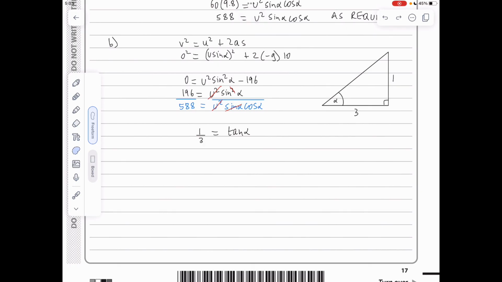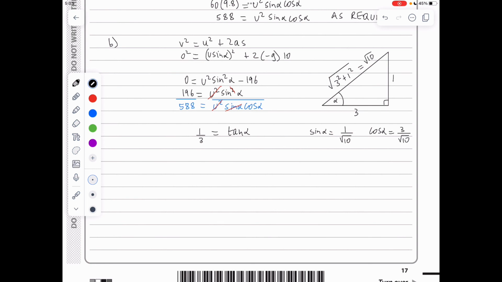Tan alpha is a third, opposite over adjacent. I can use Pythagoras theorem to get the hypotenuse. It's the square root of 3 squared plus 1 squared, which is simply root 10. And therefore we see that sine alpha is 1 over root 10 and cos alpha is 3 over root 10.